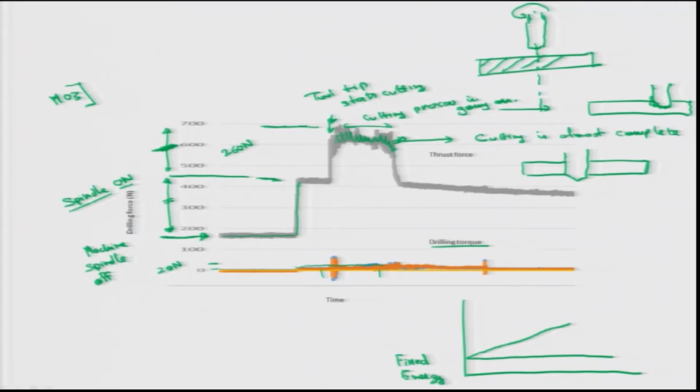This is my workpiece and this is the drill axis. Here the cutting is completed, but the spindle is still on. If I switch off my spindle, this would come down to this position again. This is again spindle off. So this was my cutting force.